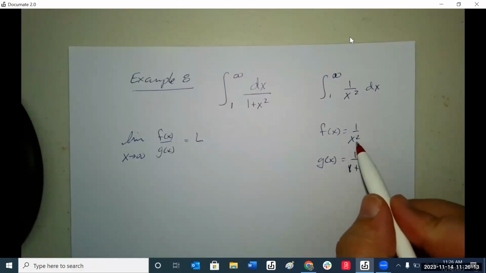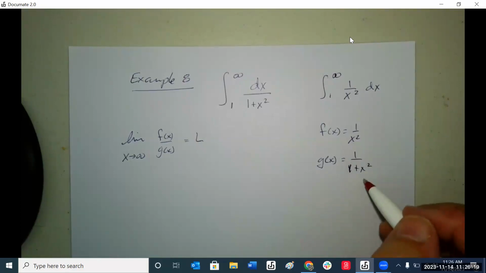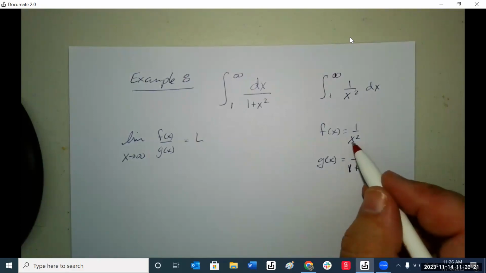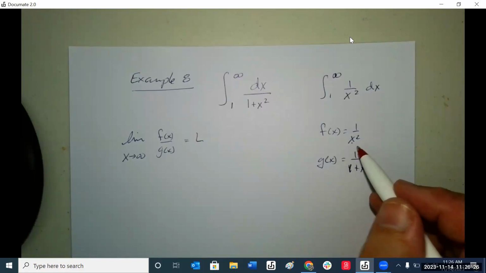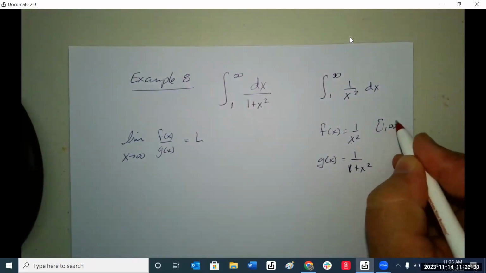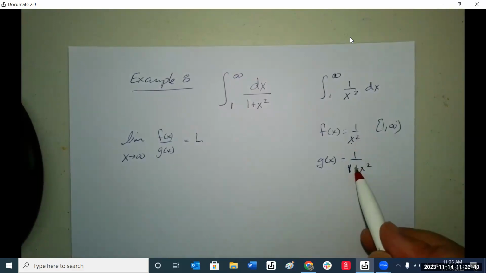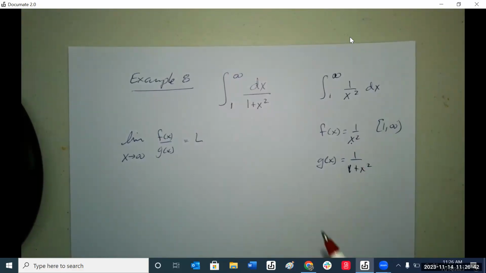It's continuous on the domain from 0. x cannot be 0 here, so on this domain, it's continuous. Those are the two conditions. It says if the positive functions f and g are continuous, they're both positive, and they're continuous on this domain.